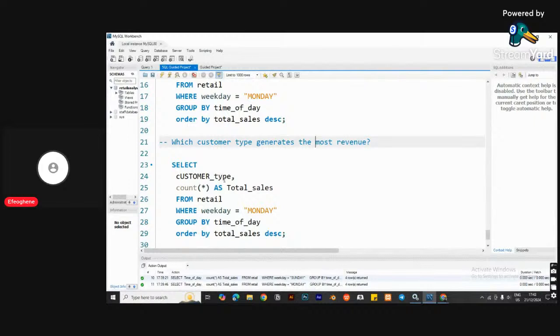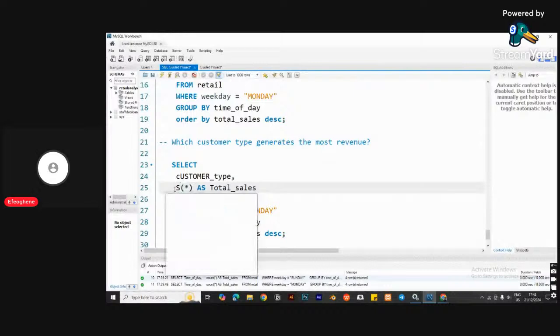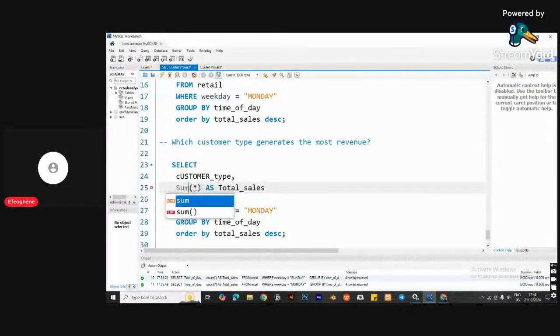So if we want to really dissect this question, we're going to use the sum aggregate function. And this time we will put in the revenue, which is the total, as our argument in this aggregate function.